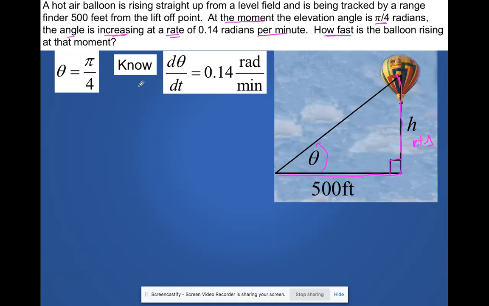First step, I know that d theta dt is equal to 0.14 radians per minute. That's the rate I know. What are they trying to get me to find? How fast? Okay, rate I know, rate I'm trying to find.